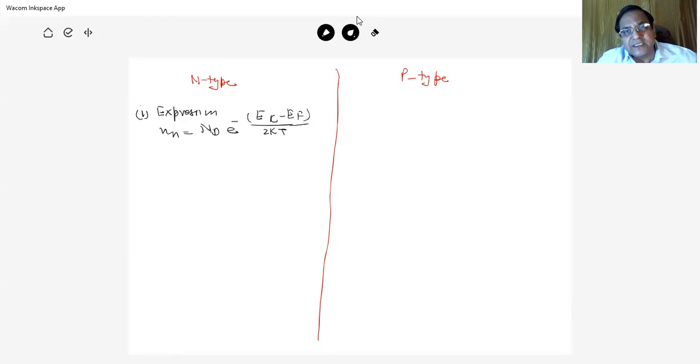Or you can say Ec minus Ef upon kT, then 2 is not required because this is the half itself.